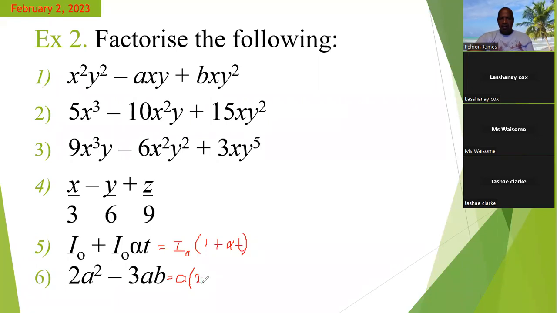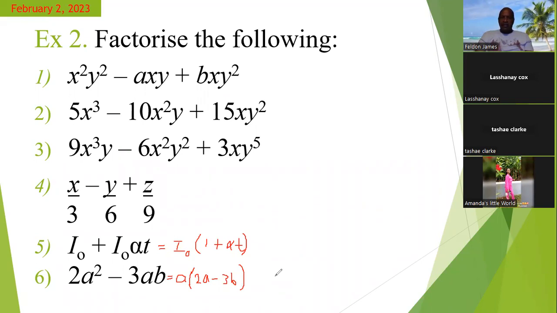So for the first term in the bracket, you will get 2A. Then minus, maintain our sign. And next, minus 1A into minus 3AB equals minus 3B. All right, that would be correct. Then close bracket. Thanks very much, Ms. Cox. So that would be the answer.